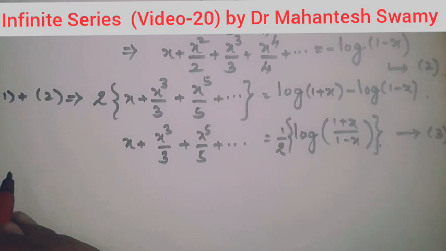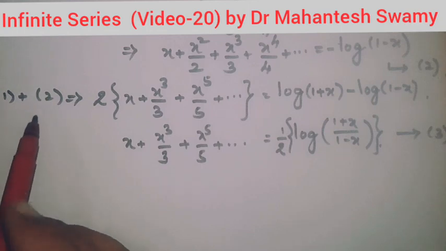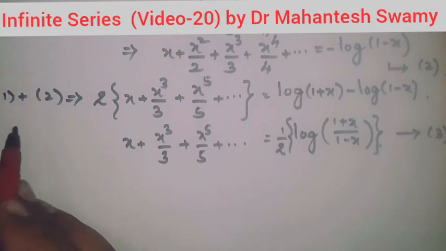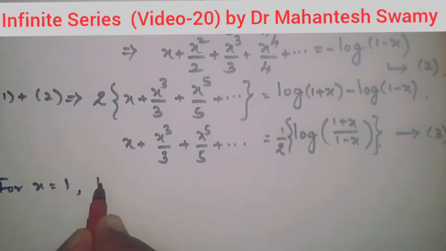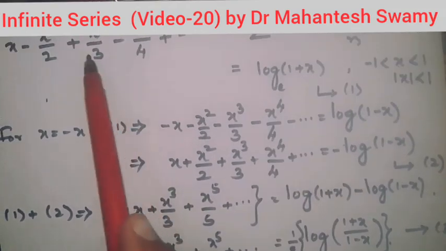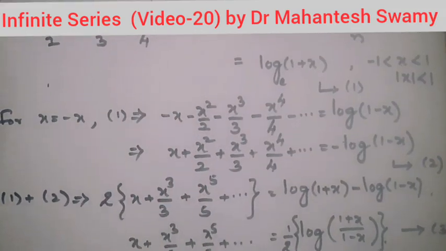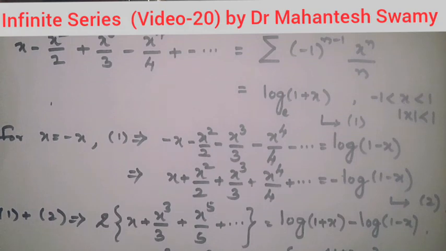And again we can consider equation number 1 with a special value x is equal to 1. So for x is equal to 1, what happens to equation number 1? We have seen that equation 1 is a logarithmic series which has alternately positive and negative signs.